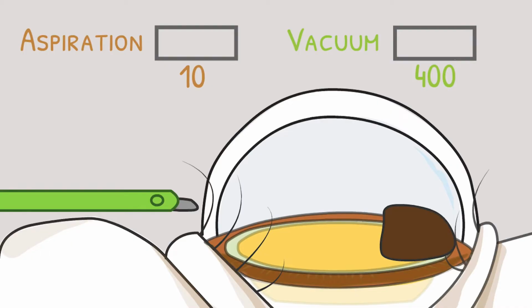Also, I made this animation to show you the effect of aspiration flow rate on the vacuum. Here the vacuum is 400, whereas the aspiration flow rate is very low, which is 10. So the nucleus moves very slowly toward the handpiece. But if we increase the aspiration flow rate to 35, it will move very fast.